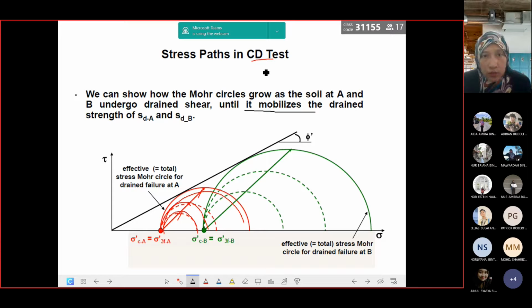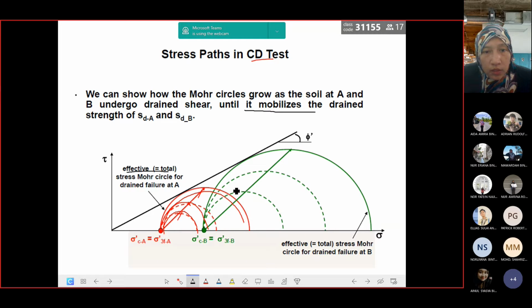Tapi if you conduct the consolidated drained to determine the stress path of the sample's failure, you can have that the conditions where the effective stress path is equal to the total stress path for the failure at A dan juga failure at B. Ini contoh kalau kata you ada point stress A, point stress B, the same thing is that sigma 3 constant, you hanya increasekan sigma V or the deviator stress.